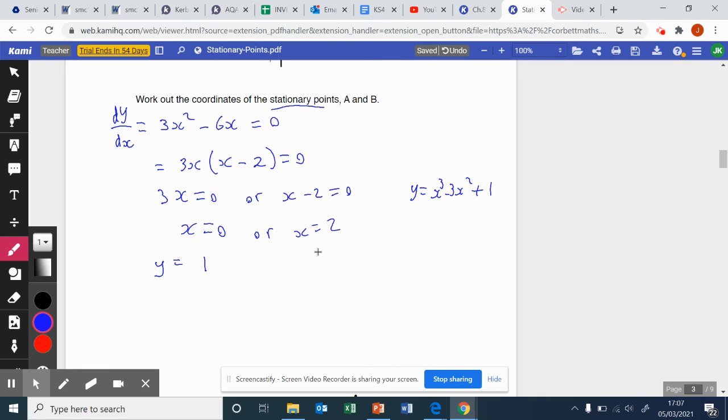So that gives you 1. And if I put in 2, I get y equals 2 cubed, which is 8, minus 3 times 2 squared, which is 3 by 4, plus 1, gives me 8 minus 12 plus 1. So then that gives me, what, 9 minus 12 is minus 3.